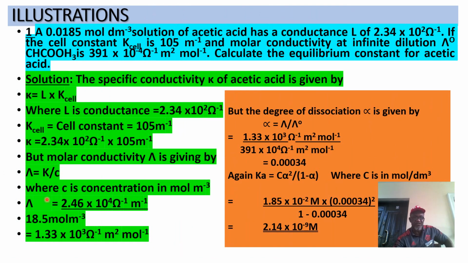So these are simple illustrations. We're given some values, conductance, and the rest. We're told to calculate the equilibrium constant for acetic acid. Go through this. If there's any problem, you ask your questions.